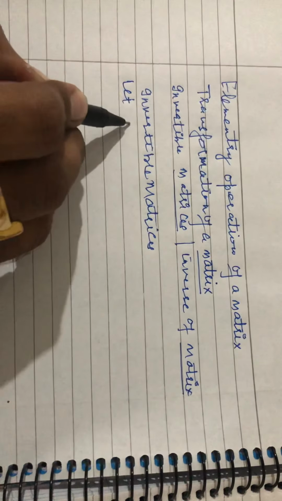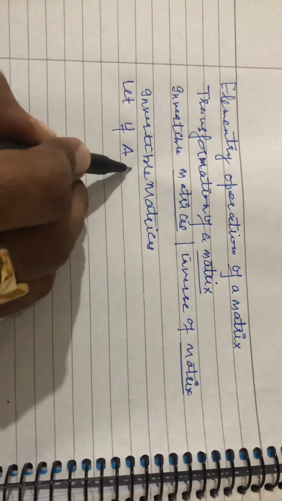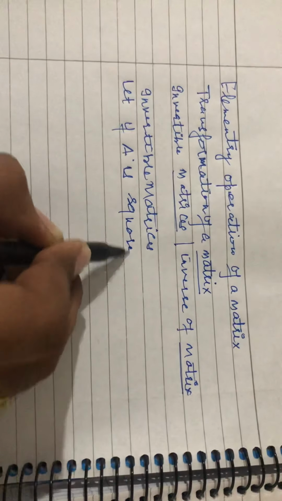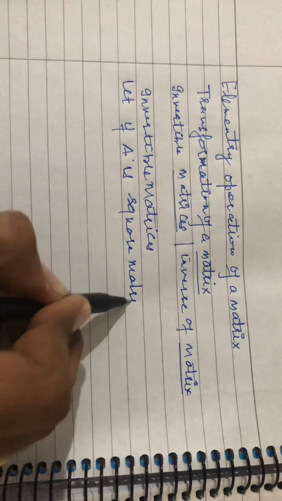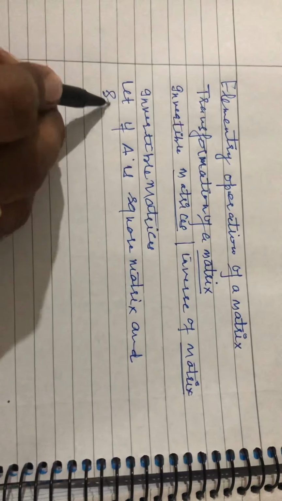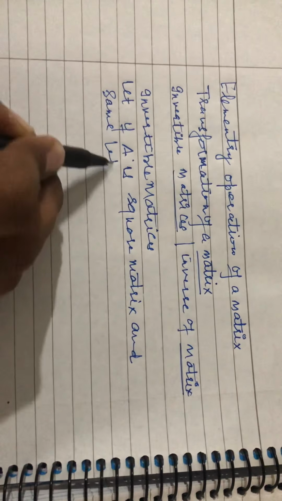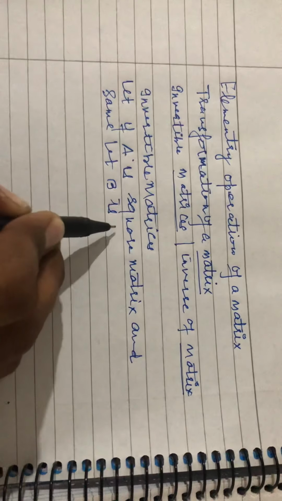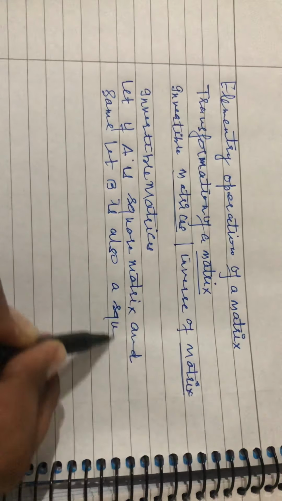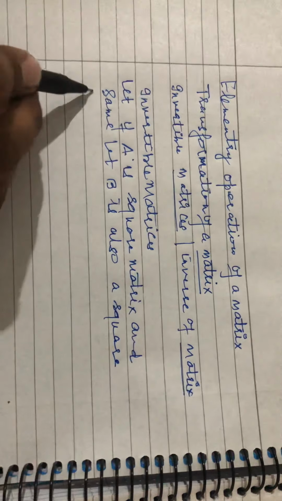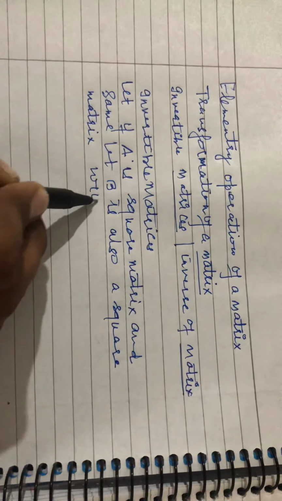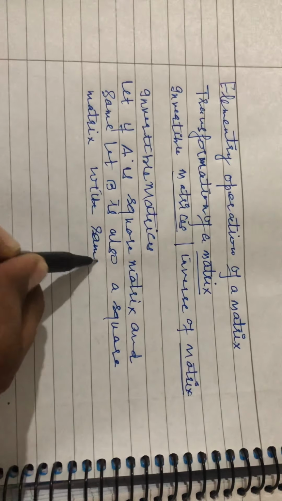Let A be a square matrix, and let B also be a square matrix with the same order pair.